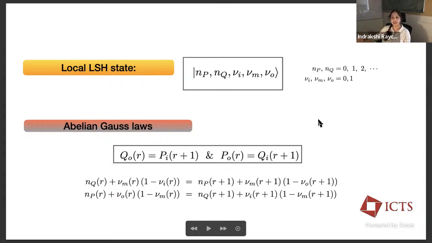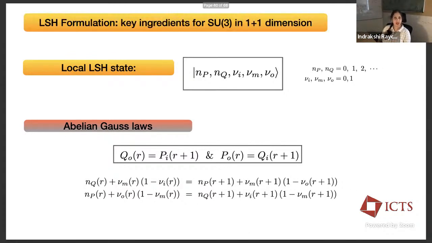So the whole Hilbert space, the global Hilbert space, is not really a tensor product Hilbert space, but they are constrained by this kind of on-link constraint. There are 2 of them, and this constraint basically relates all the quantum numbers at site R to all other quantum numbers at site R plus 1. This is the algebraic description of the abelian Gauss law constraint. So this forms the key ingredients of the Loop-String-Hadron framework for SU3 in 1 plus 1 dimension.